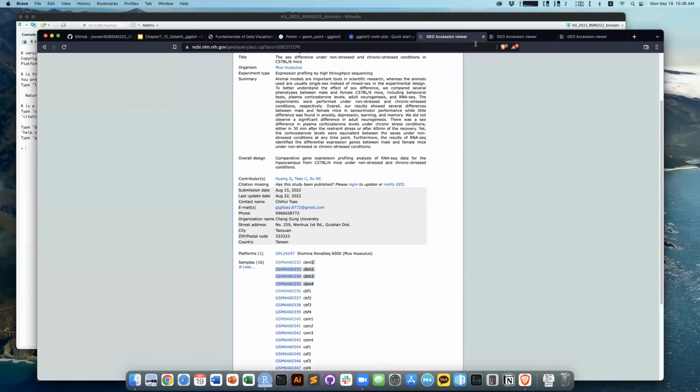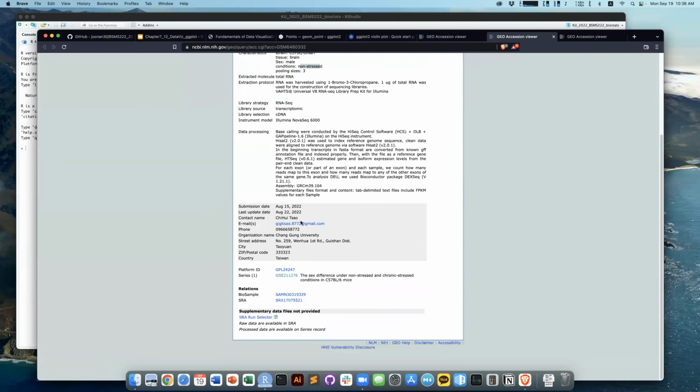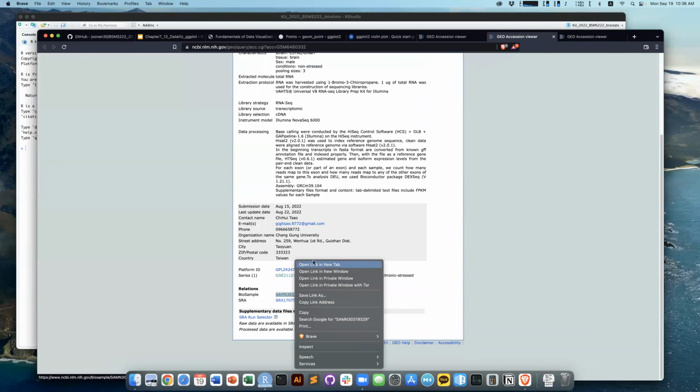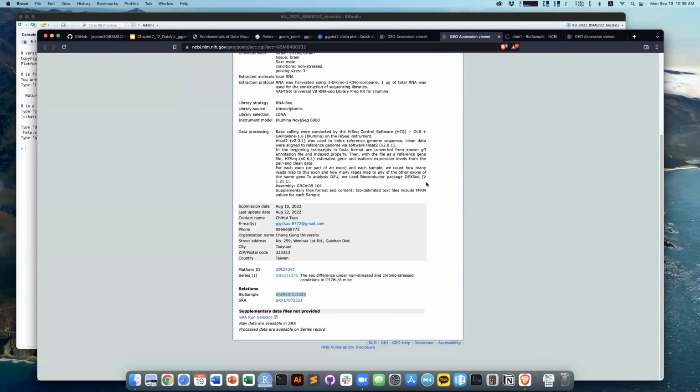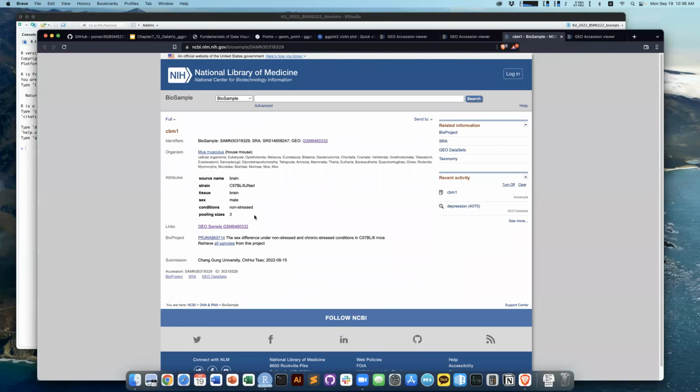Okay, so if you go to here, then you click one of the links here, then you can download the raw data from this page, right? So it has the sequence read information for the raw data. So you know about the sequence raw data. Sequence raw data is the FASTQ.